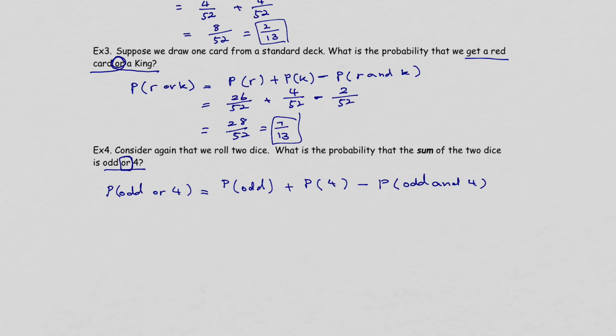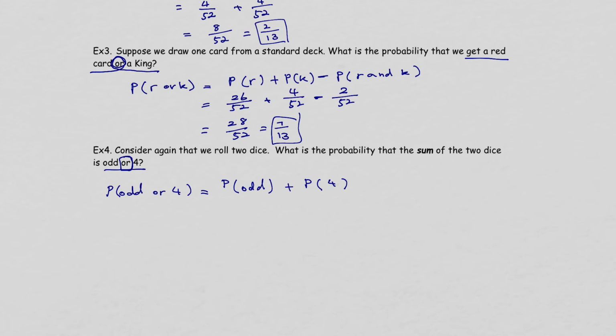But then you can see that odd and 4 never happen together, right? Odd has to be an odd number, whereas 4 is even. So that's how we know this is not going to happen. Let me just erase it. This is not happening, because you can tell it's an exclusive event.